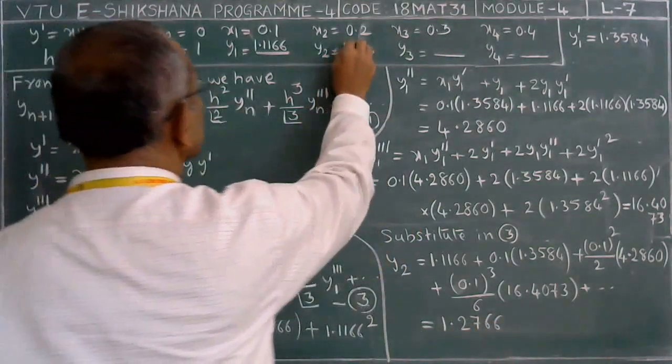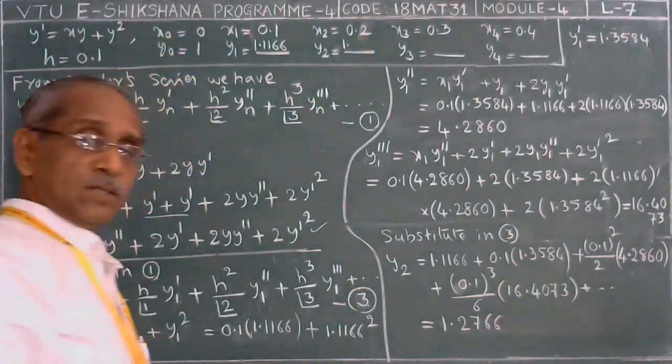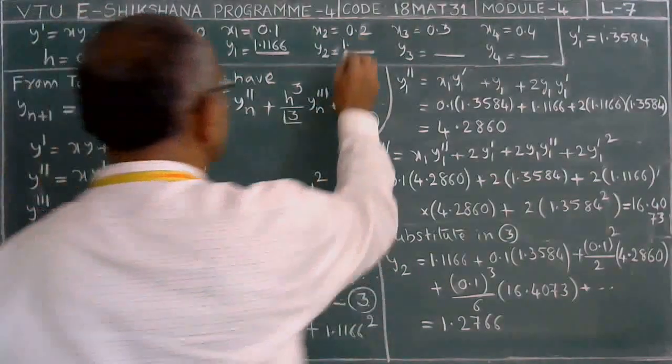So I got the value of y at x is equal to 0.2 as 1.2766.